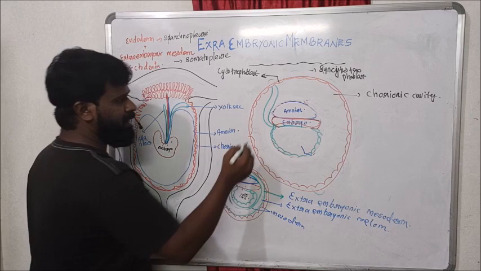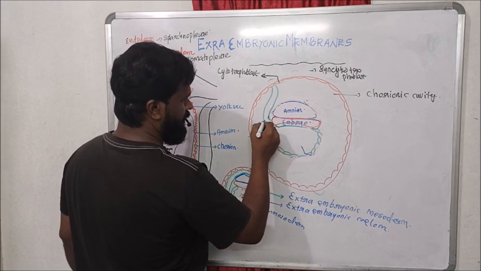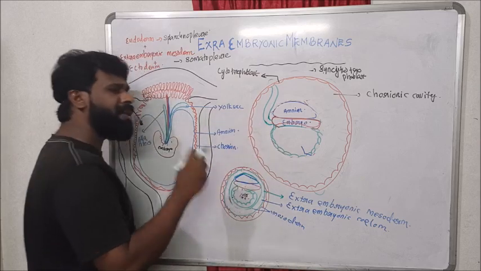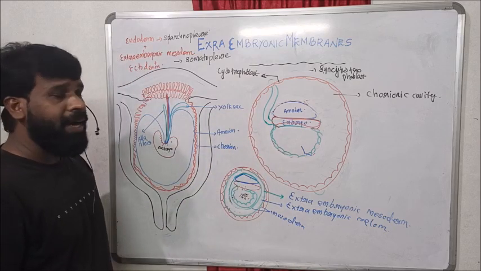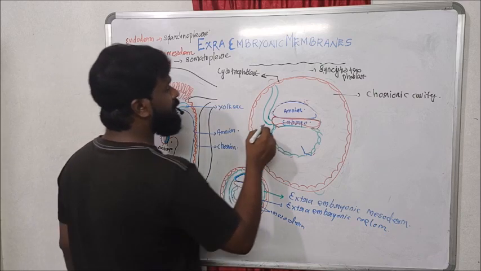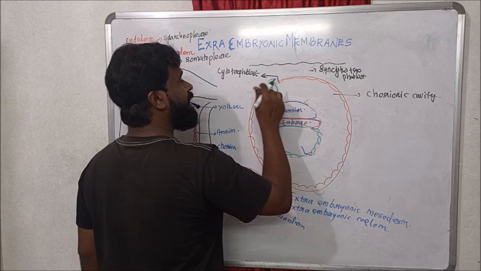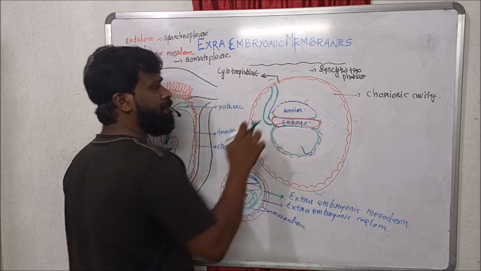See, this extraembryonic mesoderm remains here, and it is reduced to only a link between this trophoblast and the embryo.